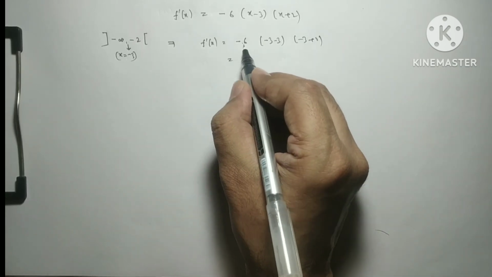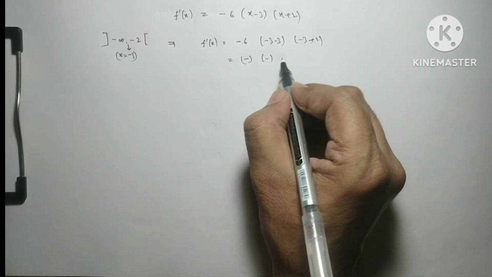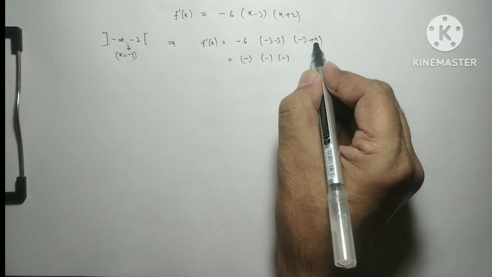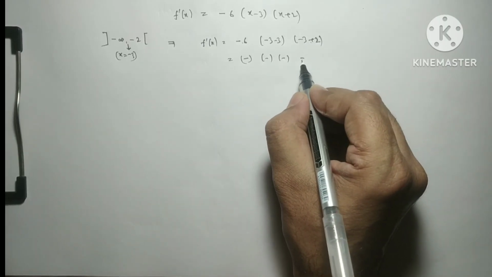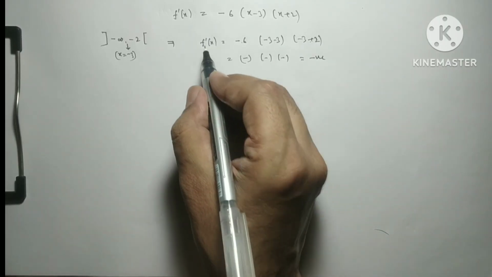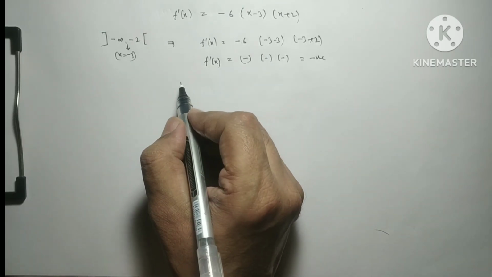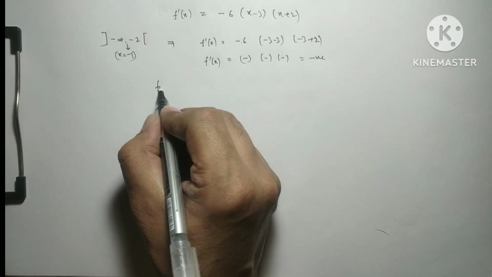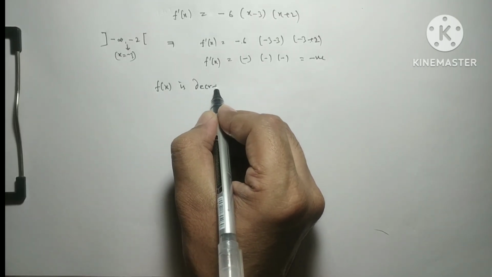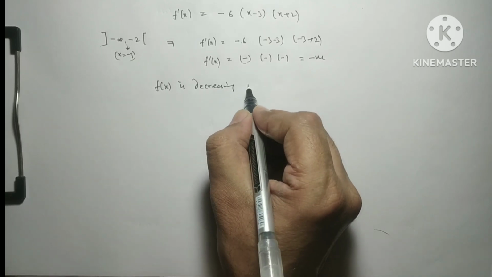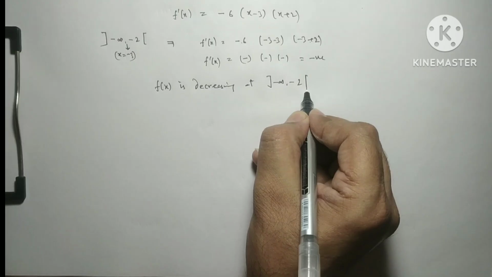So we get a minus factor, and this is again minus 6 and it is minus 1, so it is minus. So three negative terms are in the product, so as a result we get negative, which means f dash x is negative. If it is negative, that means the given function f x is decreasing at minus infinity to minus 2.